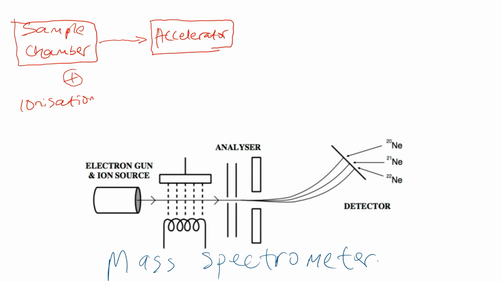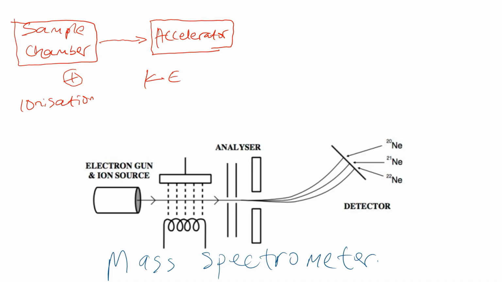So this will make the ions move with a constant kinetic energy. This basically helps to accelerate the ions. Note that all the ions of the same type are going to have the same amount of kinetic energy. They accelerate with the same kinetic energy.